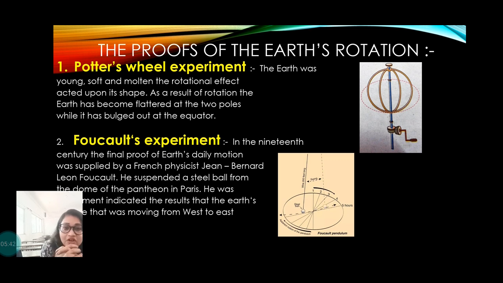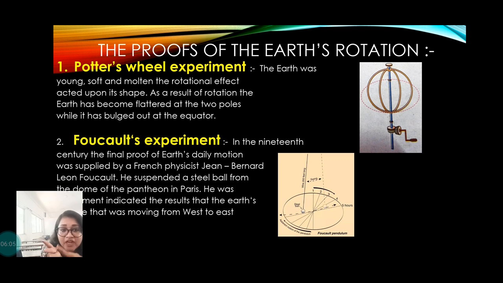Next one was the Foucault experiment. This experiment happened in the 19th century. The final proof of the earth's daily motion was supplied by the French physicist Jean Bernard Leon Foucault.